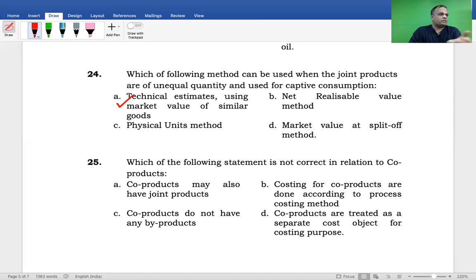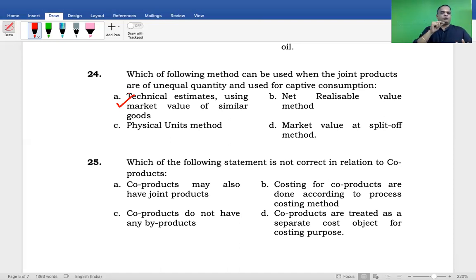How are we going to apportion the joint cost? An easy way to understand: number of units alone is not the criteria for apportioning the joint cost. Suppose, an easy example, the electricity bill. It is because of lights available in your home, fans also available in your home, and a refrigerator also available.